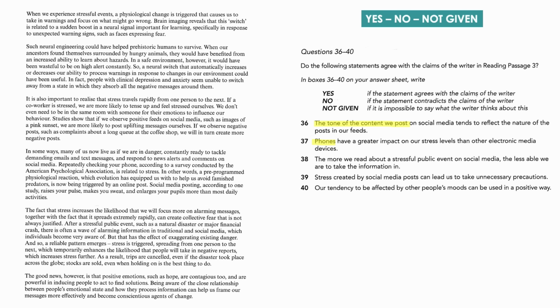So a stressful public event. And then stress created by social media posts can lead us to take unnecessary precautions. And our tendency to be affected by other people's moods can be used in a positive way, so other people's moods. So now we know what our questions are about, and let's answer the first three.